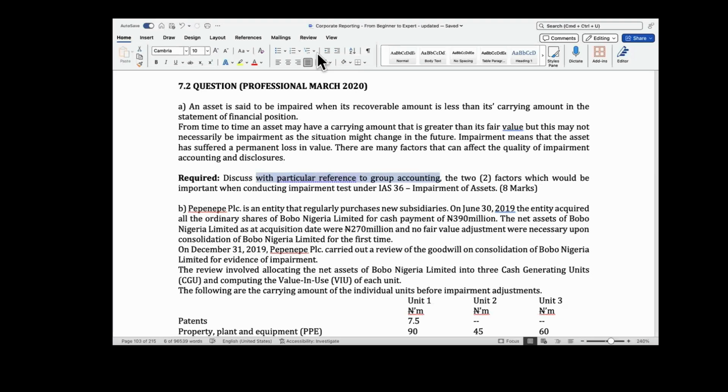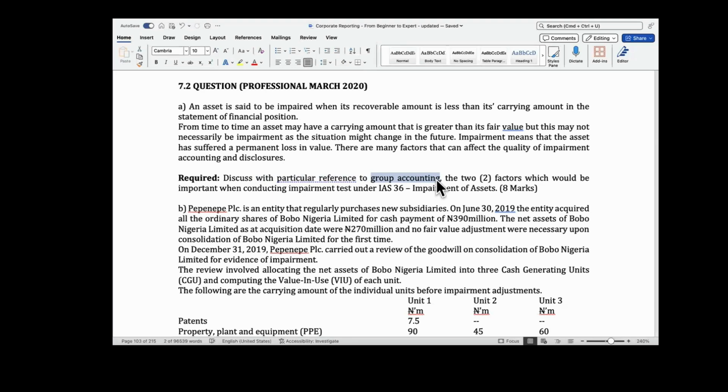So what you can add is this. In the exam, especially in reporting that is principle based, if you understand the core principle, then you'll be fine. So for group now, the carrying amount of a group is the carrying amount of the parent and the carrying amount of the subsidiary.